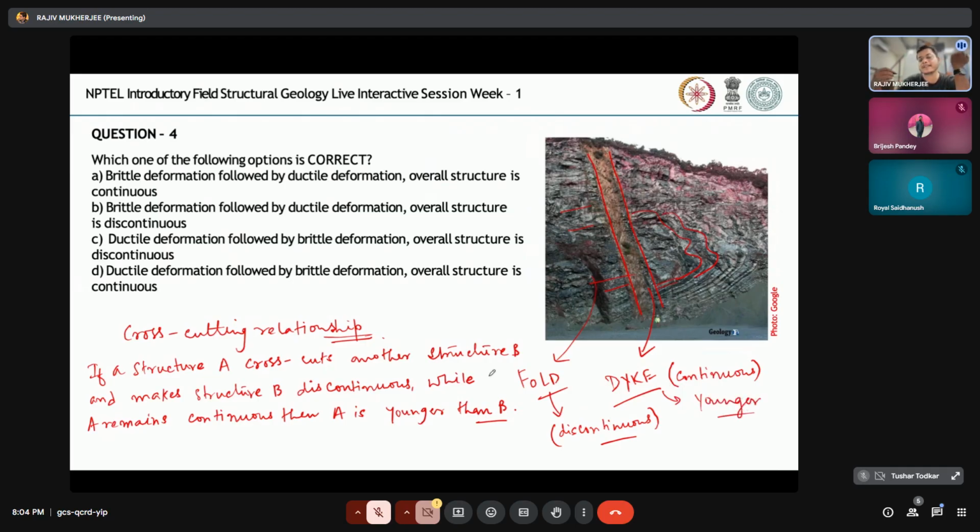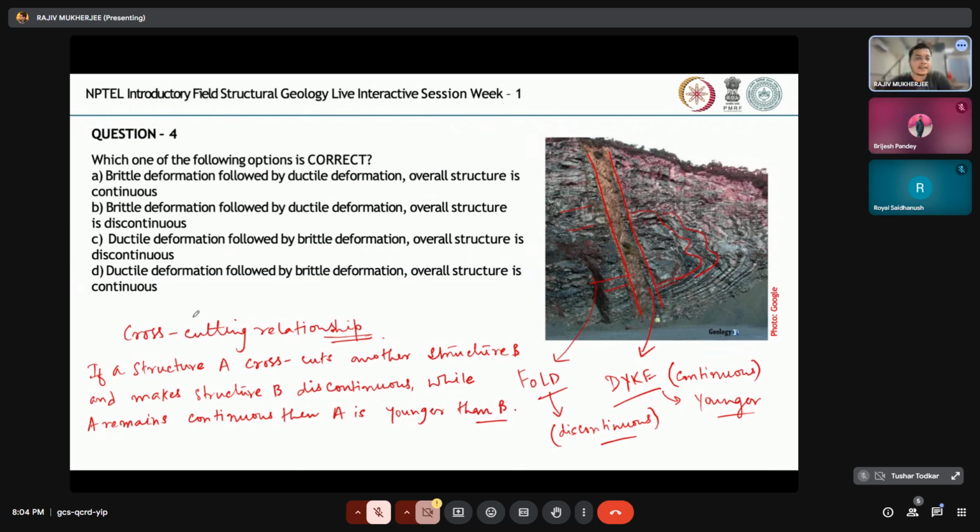Now which one of these is ductile deformation and which is brittle deformation? Fold is ductile and this dike one is brittle. Obviously.